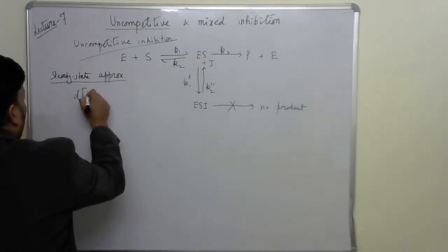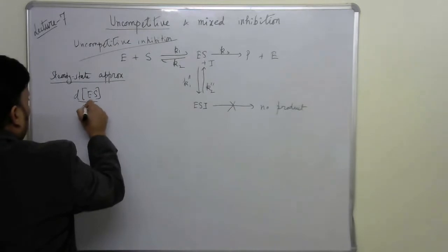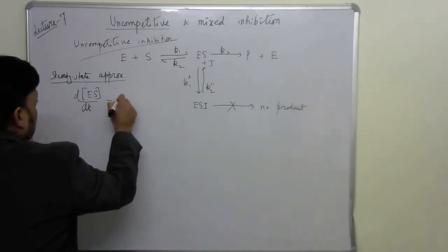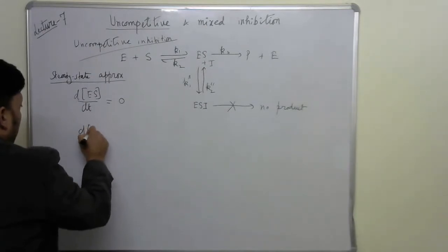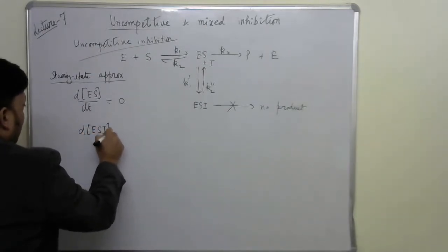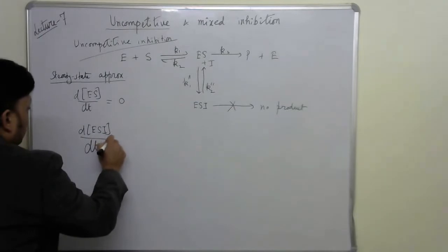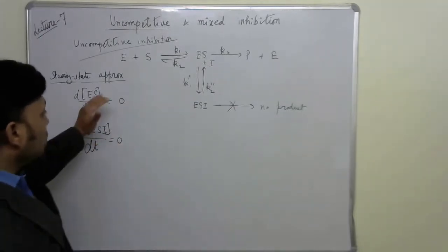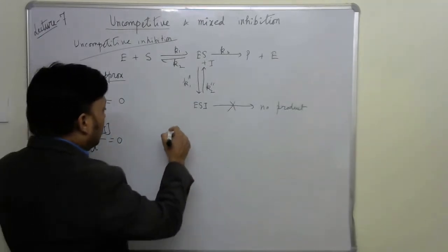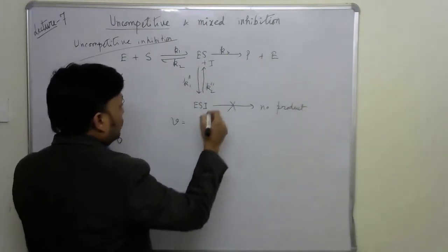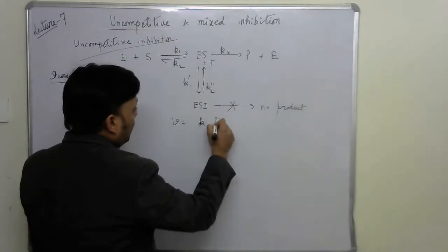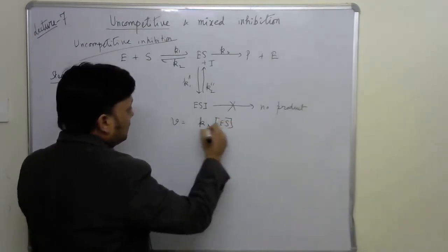So we have to apply these conditions, that is d[ES]/dt equal to 0, and also d[ESI]/dt equal to 0. From these two conditions, finally we have to find that V, the velocity, is K3 multiplied by ES.